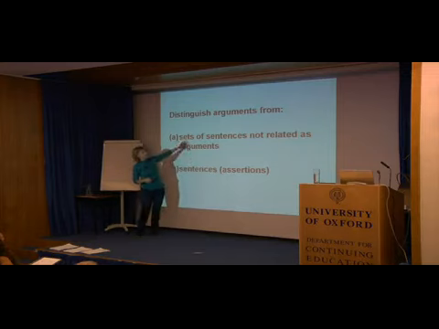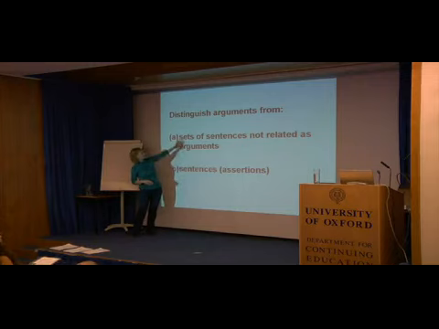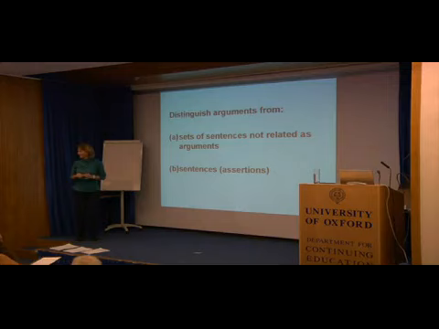I think you misunderstood my question slightly. So there are 2 things from which you distinguish arguments, but the first one is sets of sentences, and there are 2 types of sets of sentences that you need to distinguish from an argument. Can anyone remember what those 2 types were?